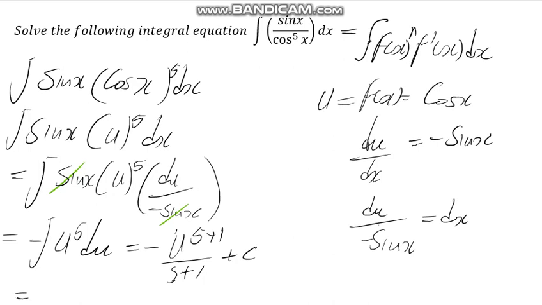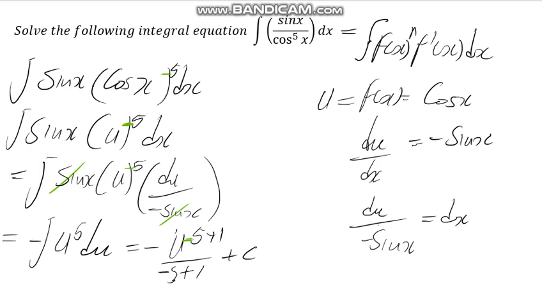So you know that u is the same as cos. By the way, this is a minus 5. So just remember, when you change it from a fraction to this, you have to put a minus 5.